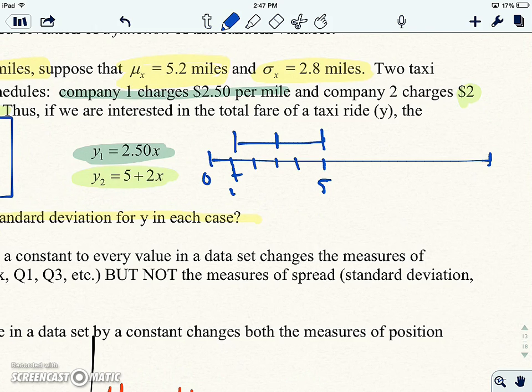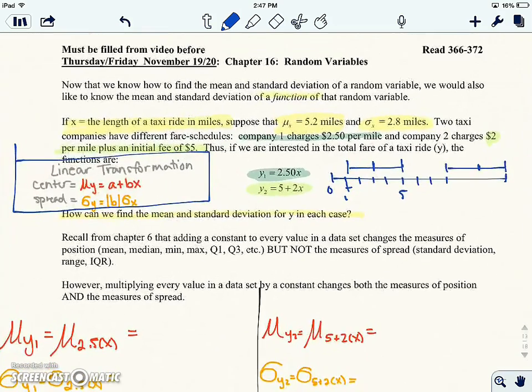If we added 3 to everything, everything would just shift up by 3. So if you add a constant, it all shifts up by 3, but notice the spread is the same. Everything shifts by 3, but not the spread, which would be measured by standard deviation, range, and IQR.